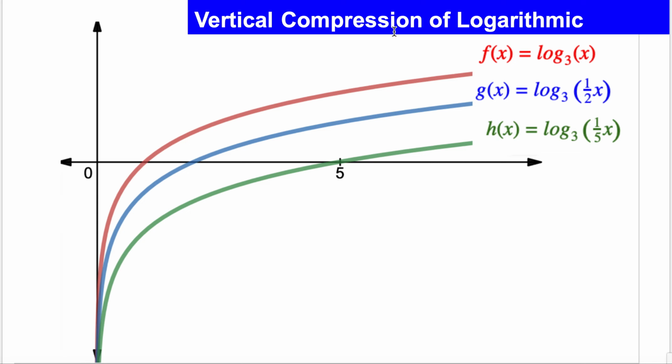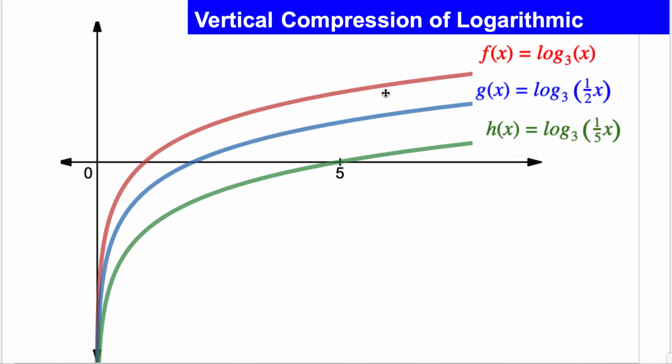And now vertical compression of logarithmic functions. The parent function f of x is equal to log base 3 of x, and the coefficient is smaller than 1. If it's smaller than 1, then we have a compression of the parent function in order to reach the new function. For example, g of x is equal to 1/2 of log base 3 of x.